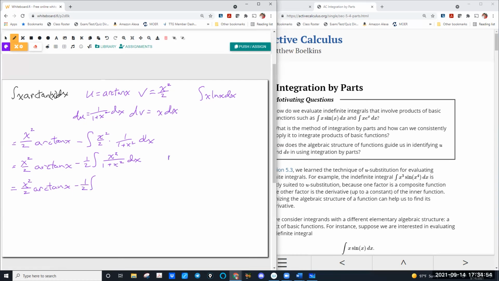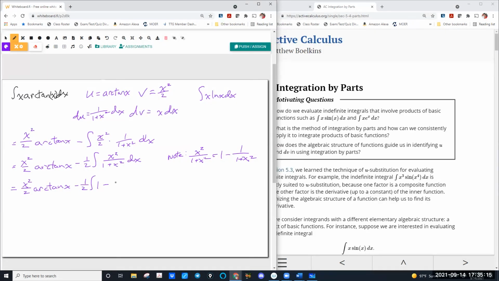But basically what we're doing, x squared over 1 plus x squared can be rewritten as 1 minus 1 over 1 plus x squared. And if you want to check it, find a common denominator and subtract the fractions.